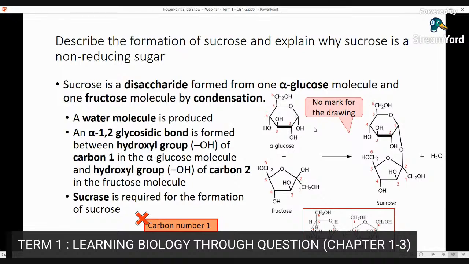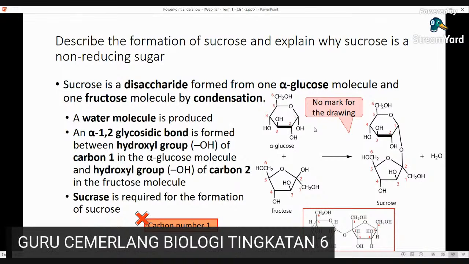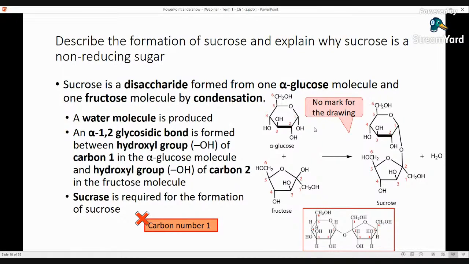Okay. After the water properties and its biological significance, now we are moving to the next part, which is about sucrose, the formation of sucrose, and also why sucrose is a non-reducing sugar.